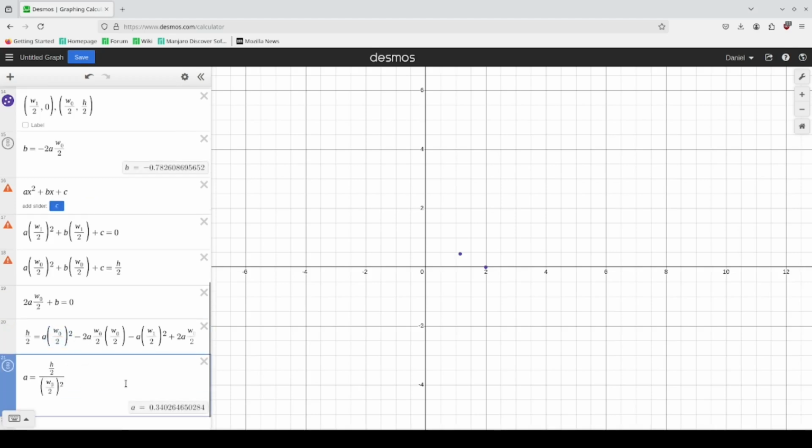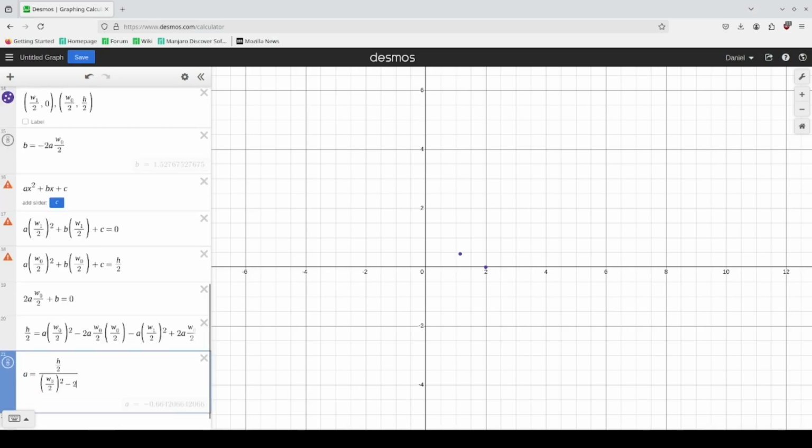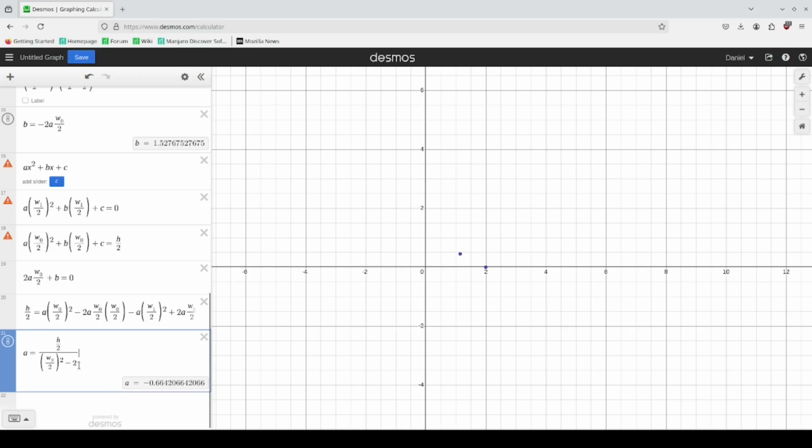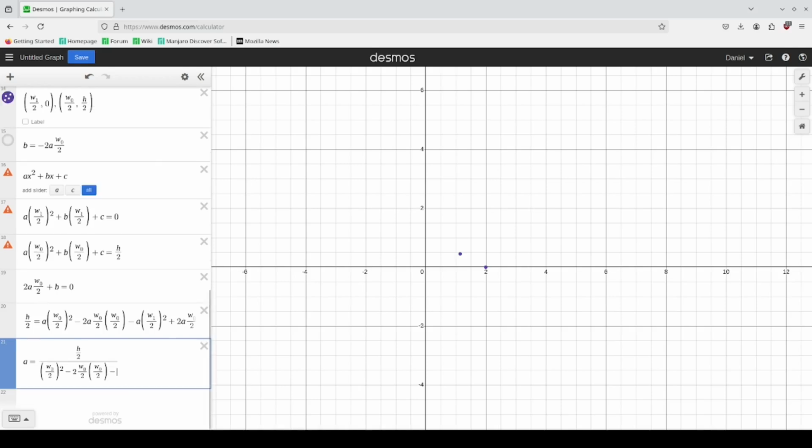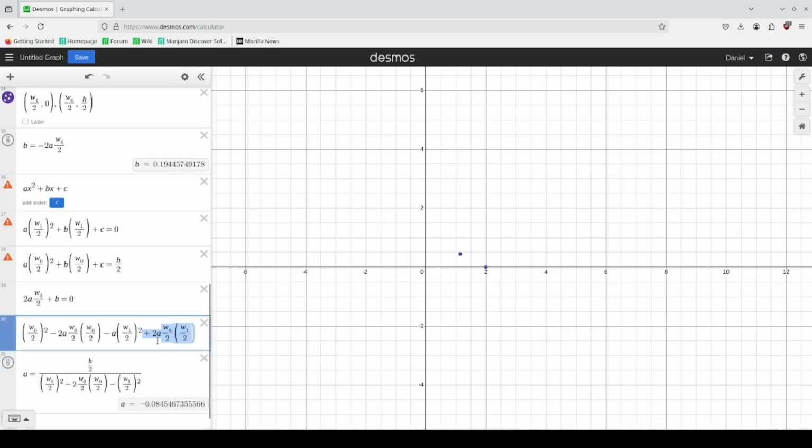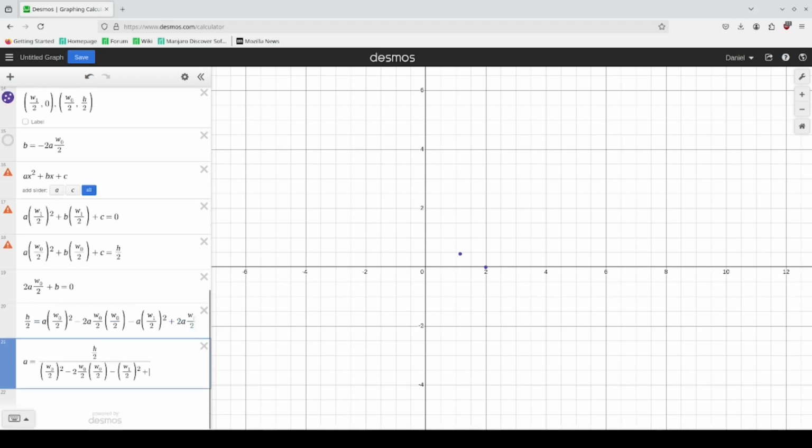So it would be this term minus 2 times this value minus this number here plus this value.